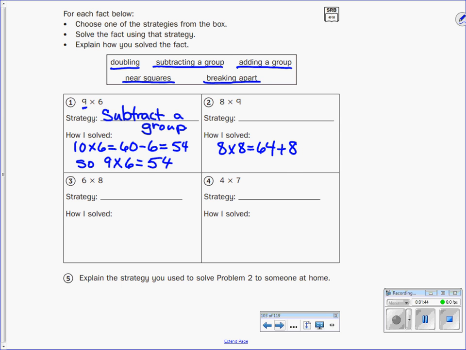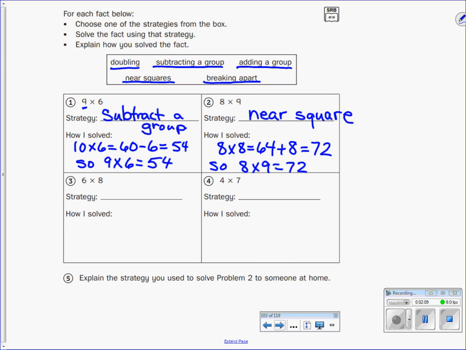Okay, 64 plus 8 equals 72. So, 8 times 9 equals 72. So in this case, what I did was I used a near square, with my 8 times 8 being my square. And if I know 8 times 8 is 64, I started out with my square.